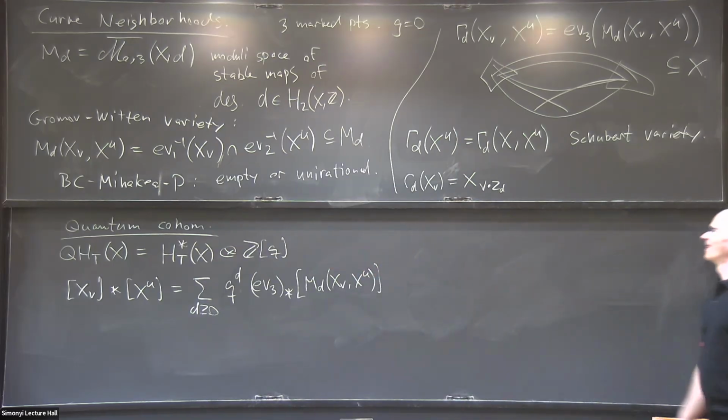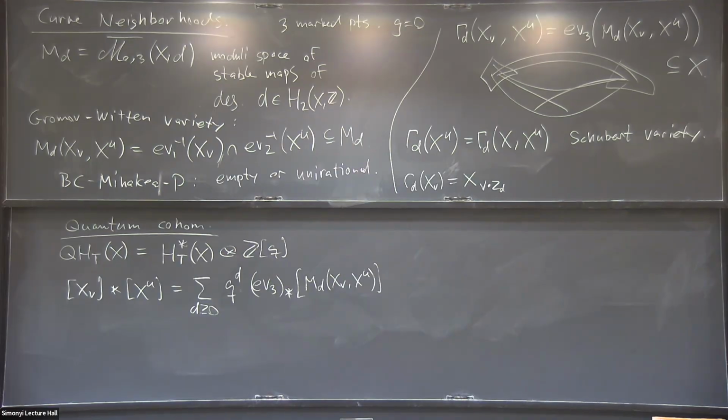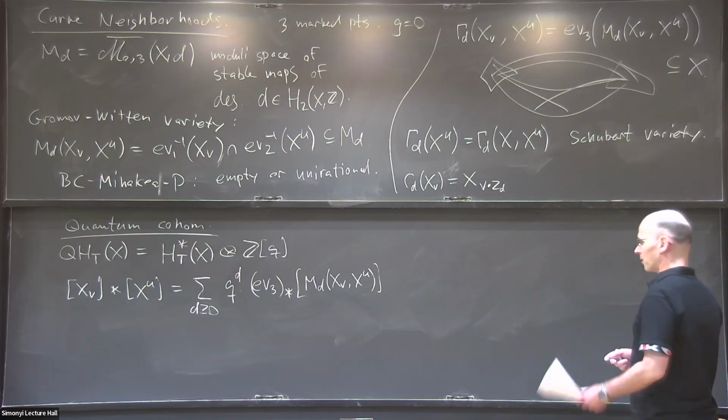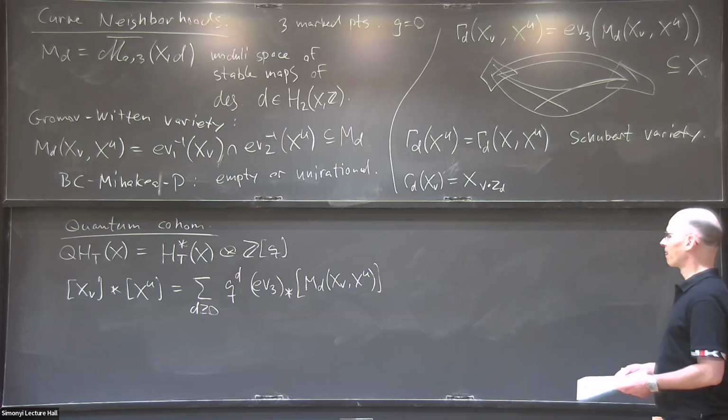So it's quite amazing that this gives an associative product. What it does, when you interpret what it means, is it gives ordinary cohomology structure coefficients that count curves. So that's a nice theory. Is D a number or an element of H4?